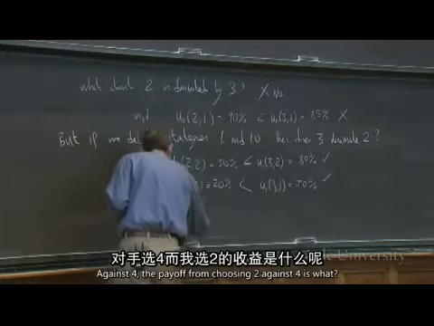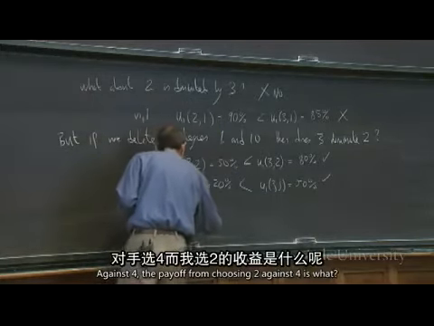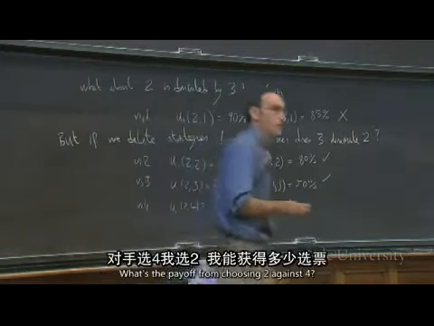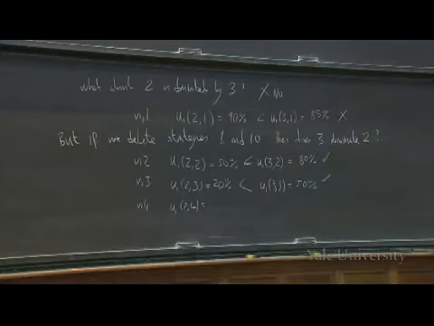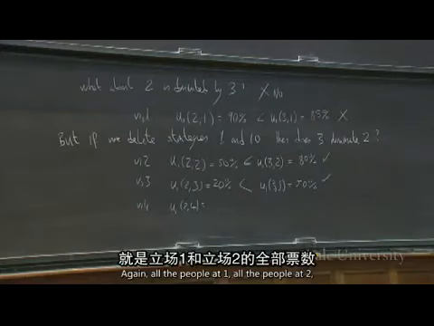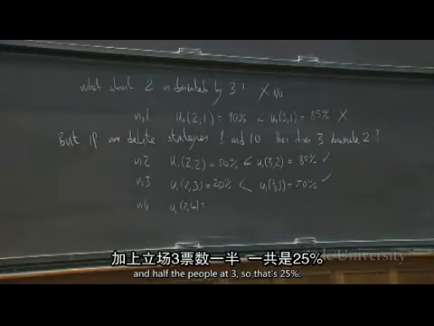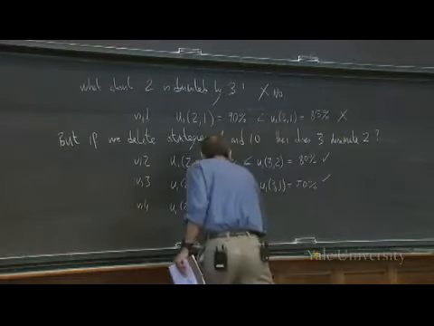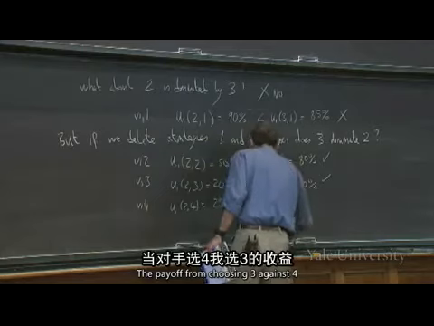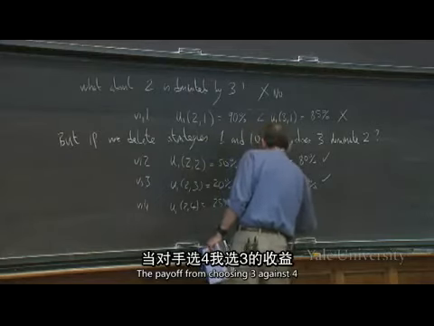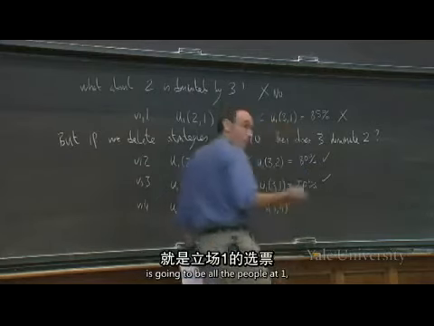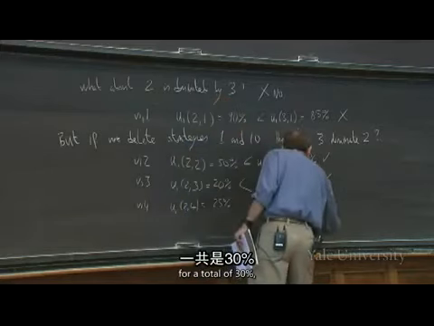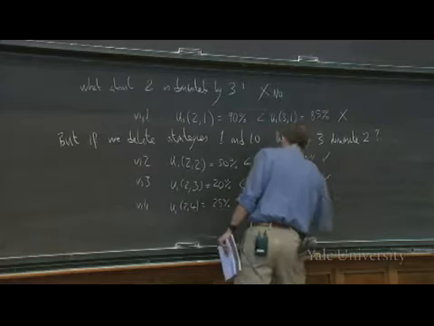Against 4, what's the payoff from choosing 2? All the people at 1, all the people at 2, and half the people at 3, so that's 25%. The payoff from choosing 3 against 4 is all the people at 1, 2, and 3, for a total of 30%, which again is bigger.